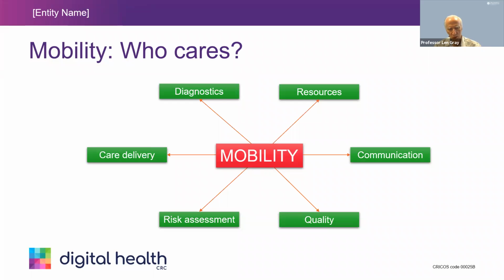Does somebody need to help this person to walk? And if so, what are the resources that are available to help them to walk? And if they can't walk at all, how do they get about? What resources are available? Mobility also drives risk assessment. The nature of the person's mobility may predispose them to falling, it may predispose them to pressure injury and so forth. So it's got a risk dimension to it as well.